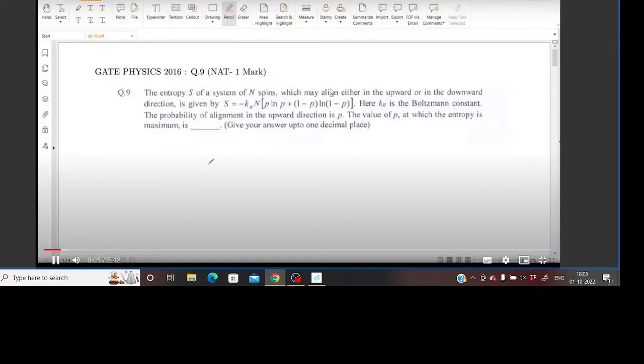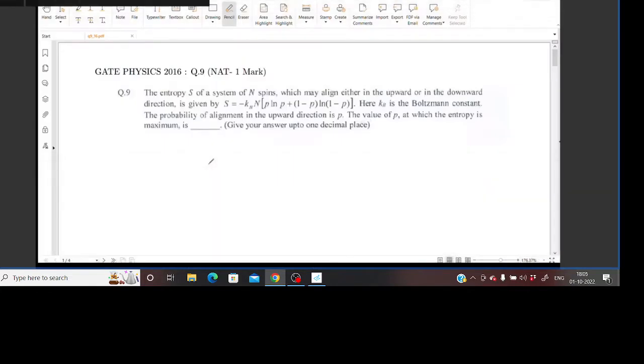Hello everyone. In this video, I shall discuss the solution of question number 9 of GATE Physics 2016. This is a numerical answer type question. The entropy S of a system of n spins which may align either in the upward or in the downward direction is given by S equal to minus kB n [p log p plus (1 minus p) log (1 minus p)].